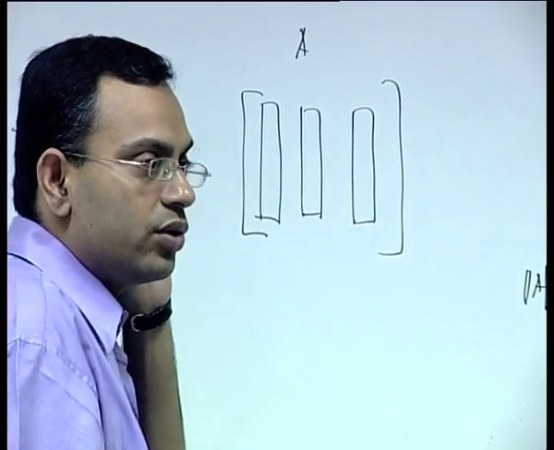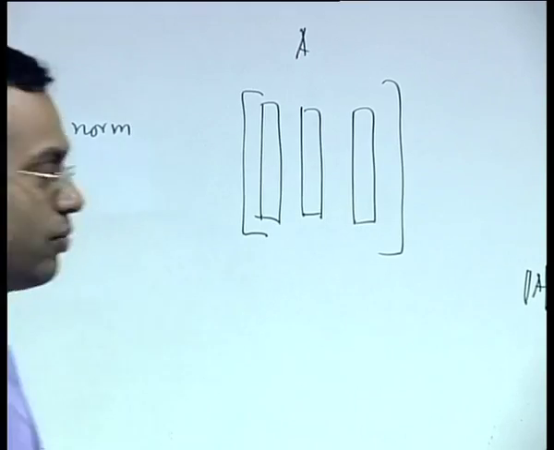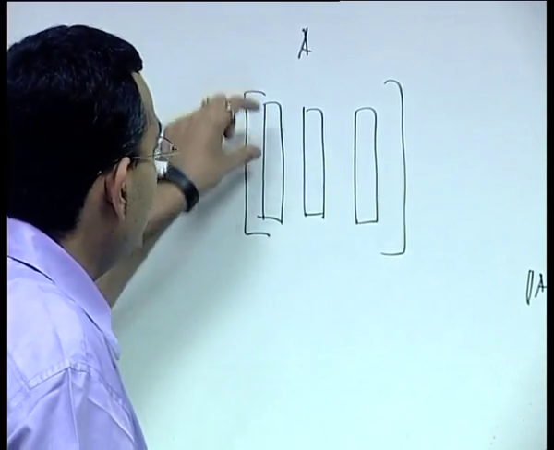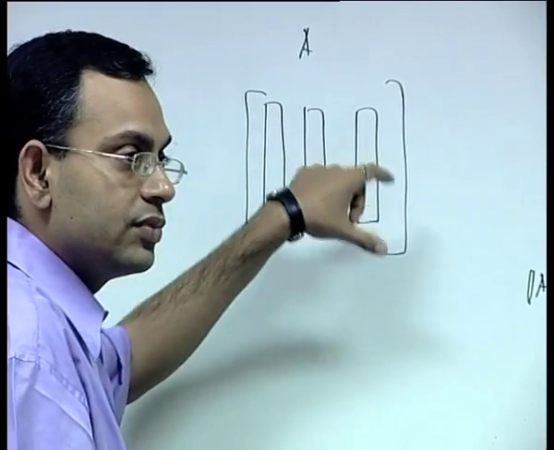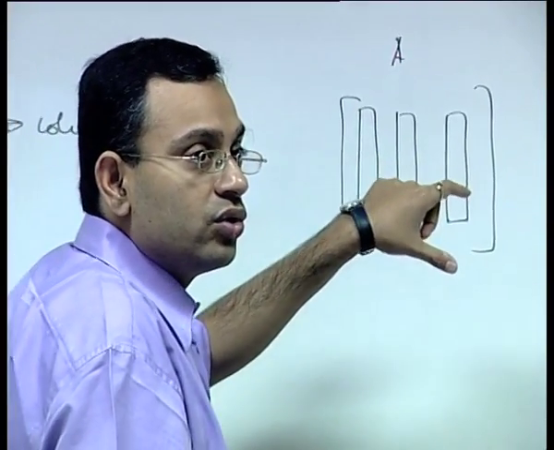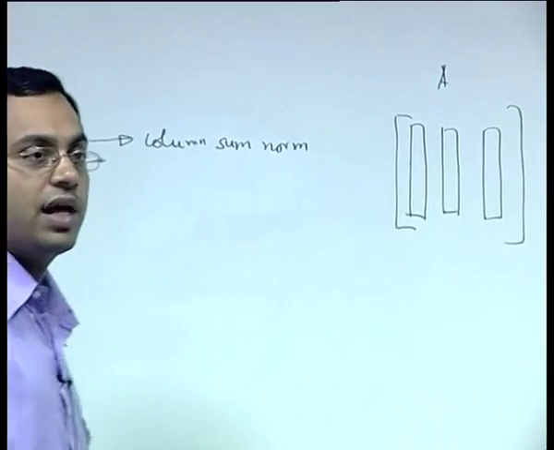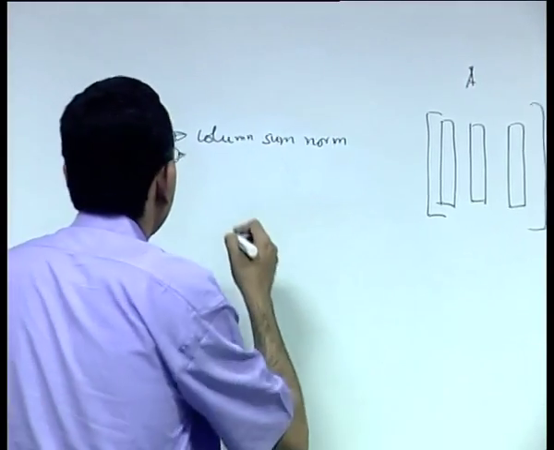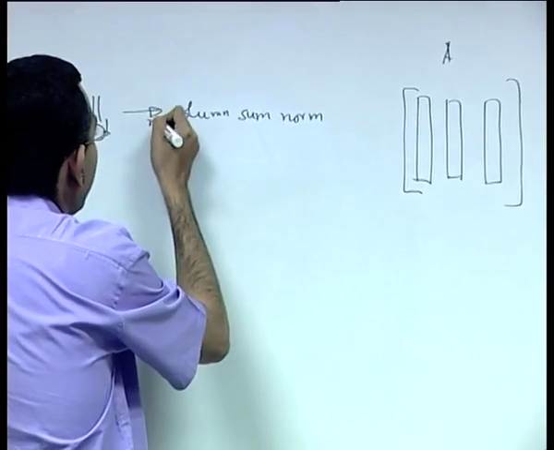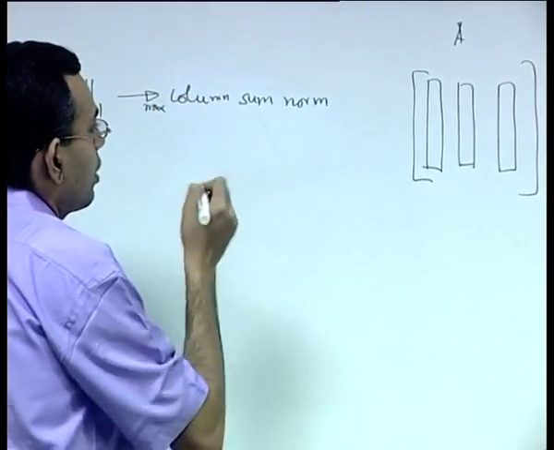So, essentially you find the sum of the magnitudes of the elements of each column and find which one is the maximum. So, this we can call the maximum column sum norm.